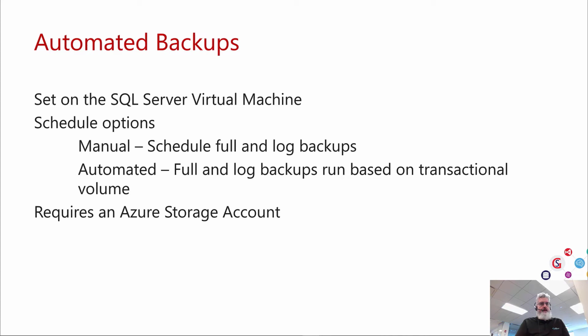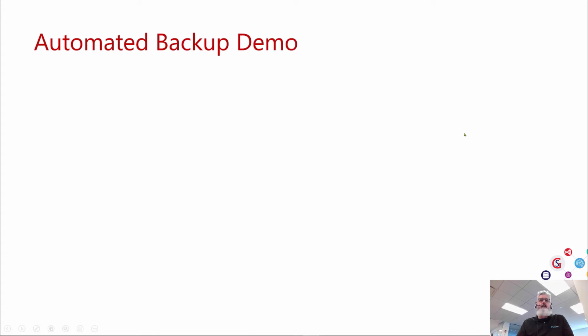One thing to point out with automated backups is with rolling your own, running native backups, you can write those to a drive on the server, or you can write them to Azure Blob Storage. Automated backups requires an Azure storage account. So you have to have an Azure storage account. You have to write those files to Azure. So let me show you the automated backup demo.